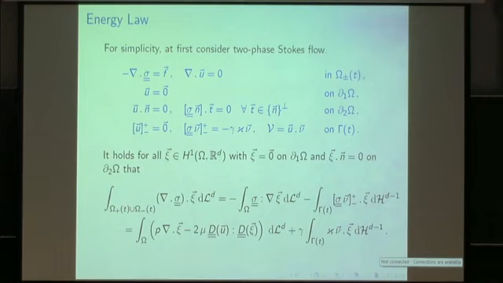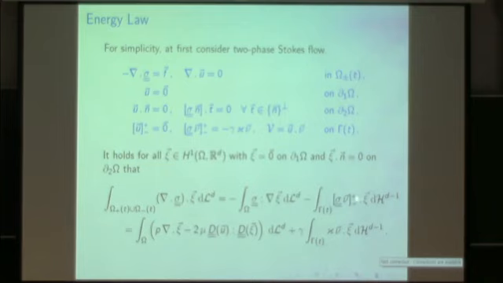And as usual in finite element methods, you first of all multiply your PDE with a test function and do integration by parts. Then the terms on the external boundary will disappear because of the choice of your test functions. Then on the interface, you get this term involving the jump in the normal stress, which we can evaluate from our interface conditions.